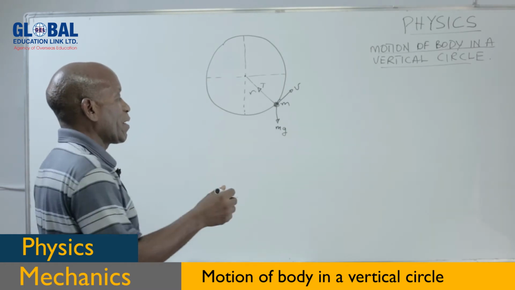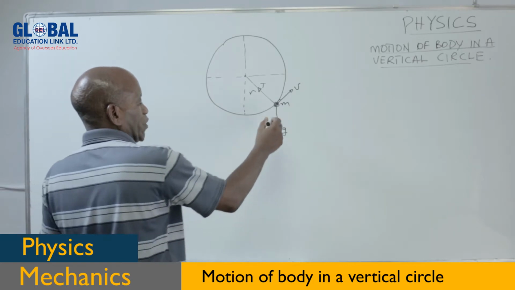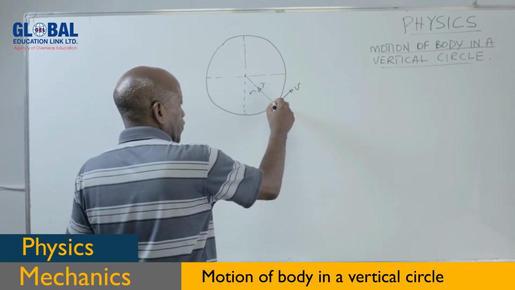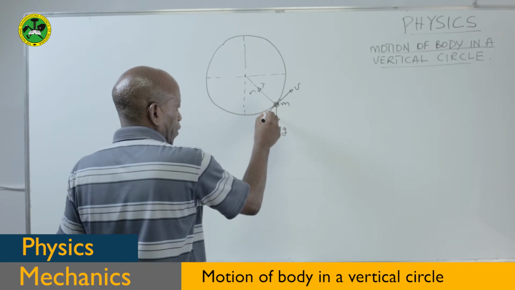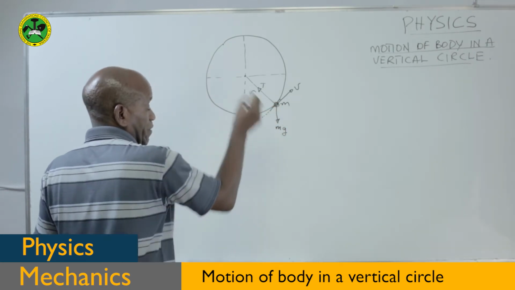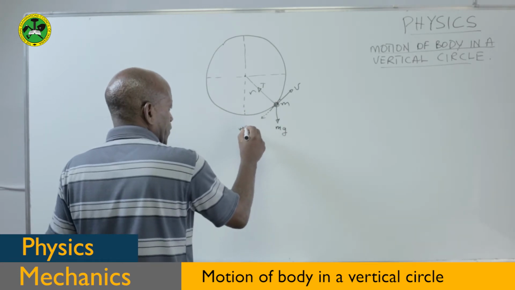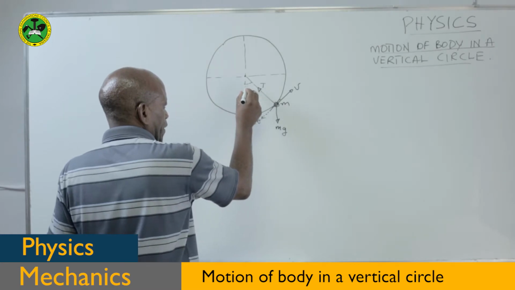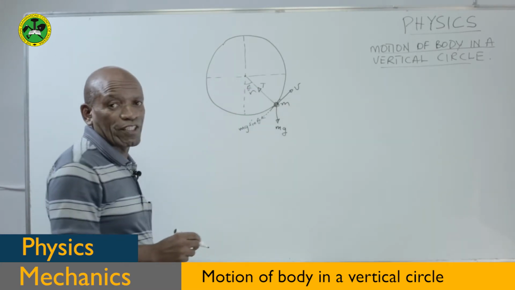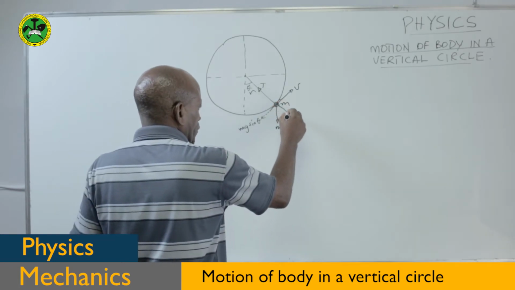If we resolve these forces along the circular path, this gives us mg sin theta, if I take this angle inclined to the vertical as theta.